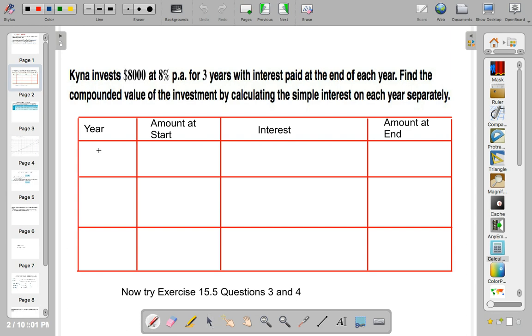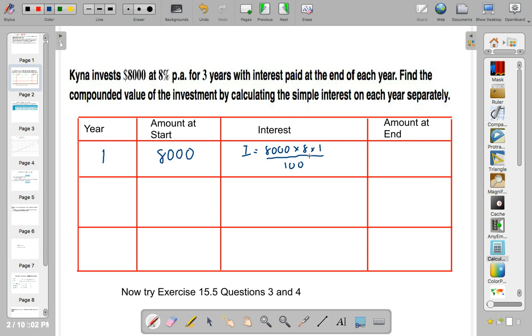We'll start with year 1. And the amount at the start will be the $8,000. Now to work out the interest, we do a little simple interest calculation here. So I equals the principal, which is $8,000, times the rate, which is 8%, multiplied by 1 for 1 year, over 100.